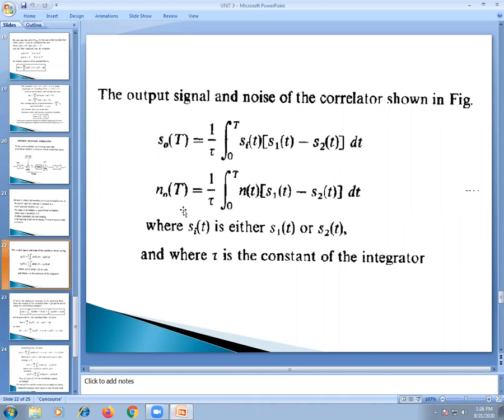Similarly, the noise output is the noise input multiplied by the difference of the signals S1 of t minus S2 of t, integrated from 0 to T with 1 by tau. Here Si is either S1 of t or S2 of t, the input signal, and tau is the constant of the integrator.